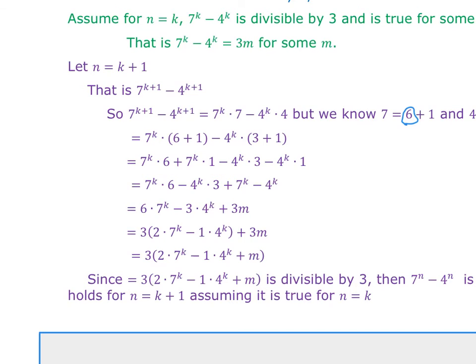Now, to go from this step to this step, here is one term, and here is one term. Out of those two terms, I factored off this 3 from here and here, so that's where that 3 comes from. What's left over is 2 times 7^k, minus 1 times 4^k, and then the plus m.